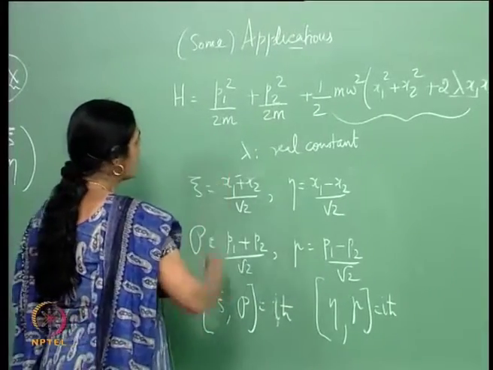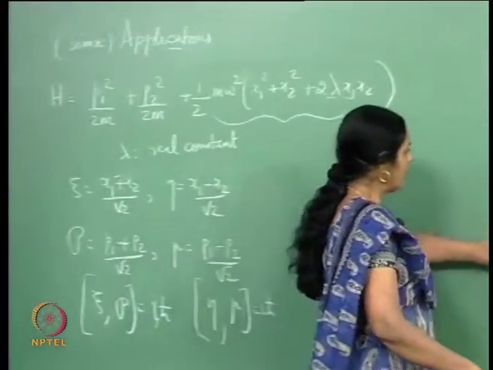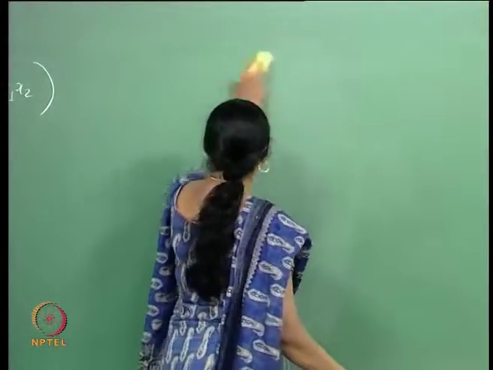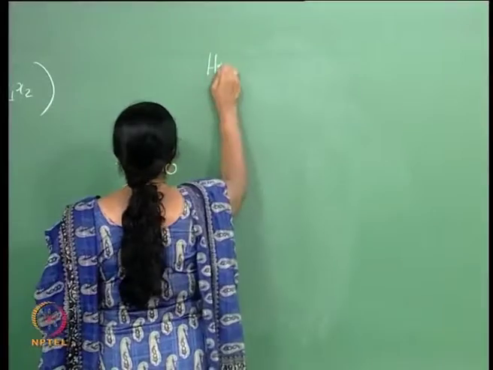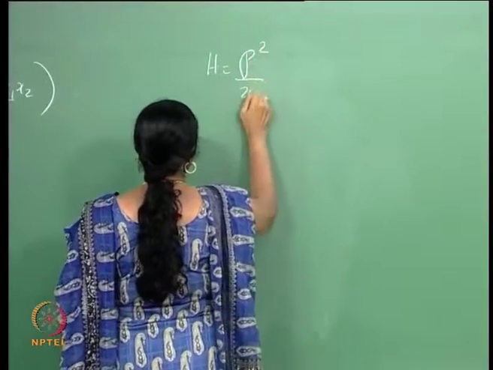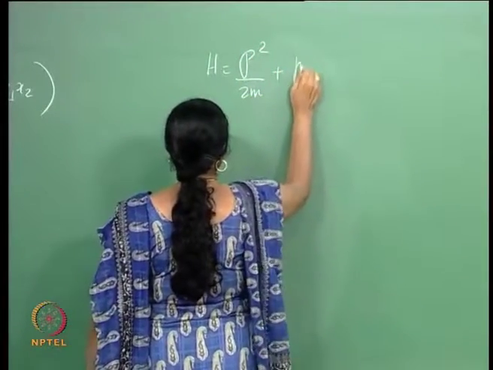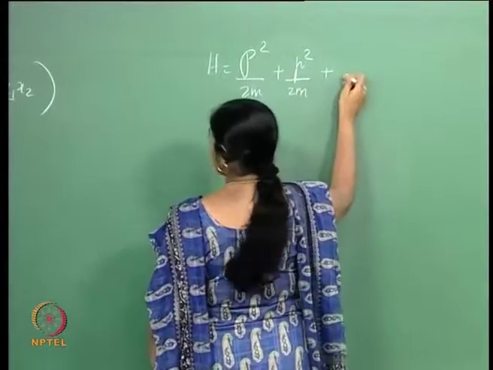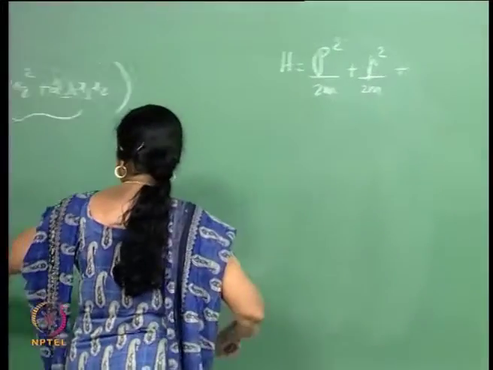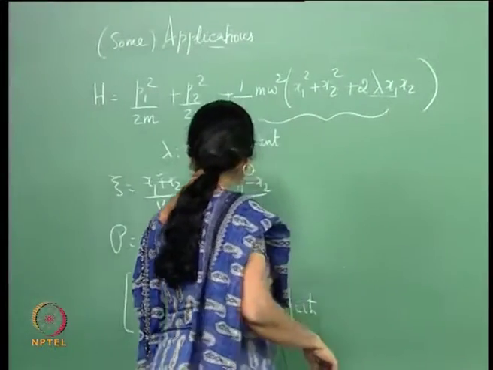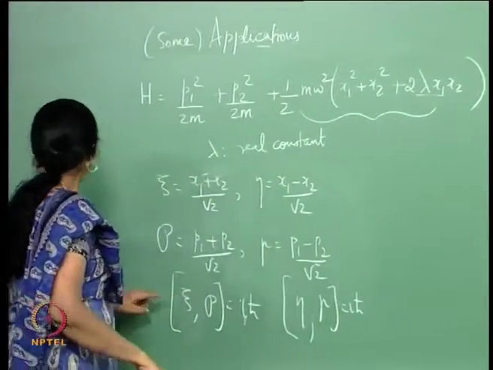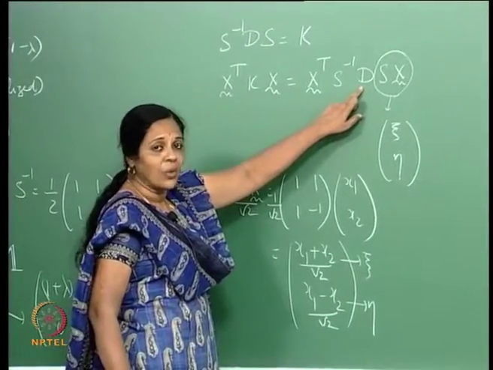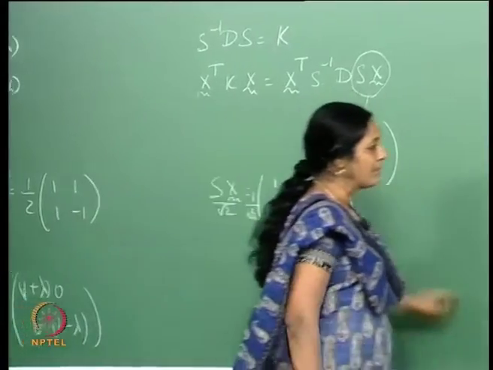So, now I can write down my Hamiltonian in terms of zeta and eta. So, what do I get? H is equal to P squared by 2m plus little p squared by 2m plus. Now, look at what happens here. There is a zeta and an eta, but then the diagonal elements are 1 plus lambda and 1 minus lambda.